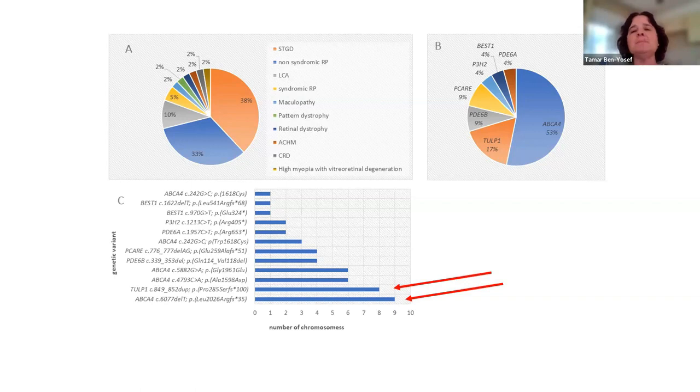But the difference is the specific mutations that we found. Most of them are mutations that are very rare or do not exist at all in other populations and are unique to the Ethiopian Jewish community. And due to this study, now we can provide Ethiopian Jews residing in Israel very specific genetic testing and counseling, and hopefully therapy as well.